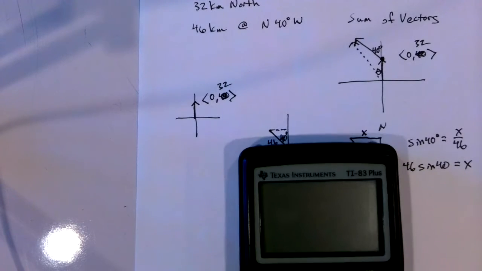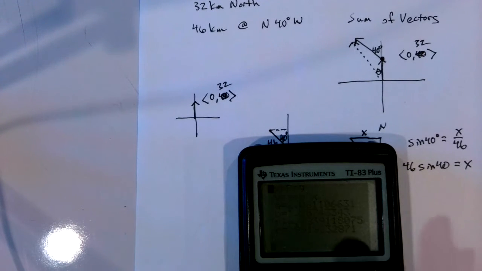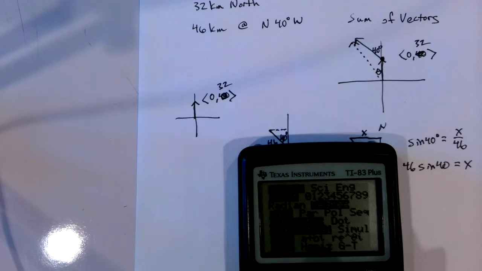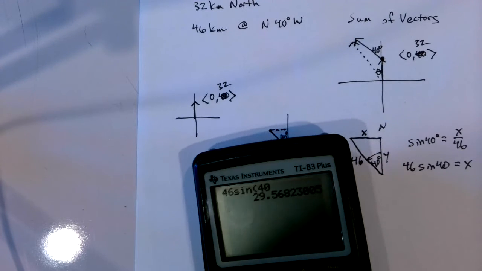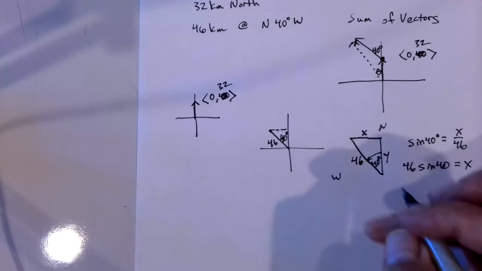I take out my calculator, turn it on, clear mode, make sure I'm working in degrees, which I am. And I've got 46 sine of 40, and I get 29.57.